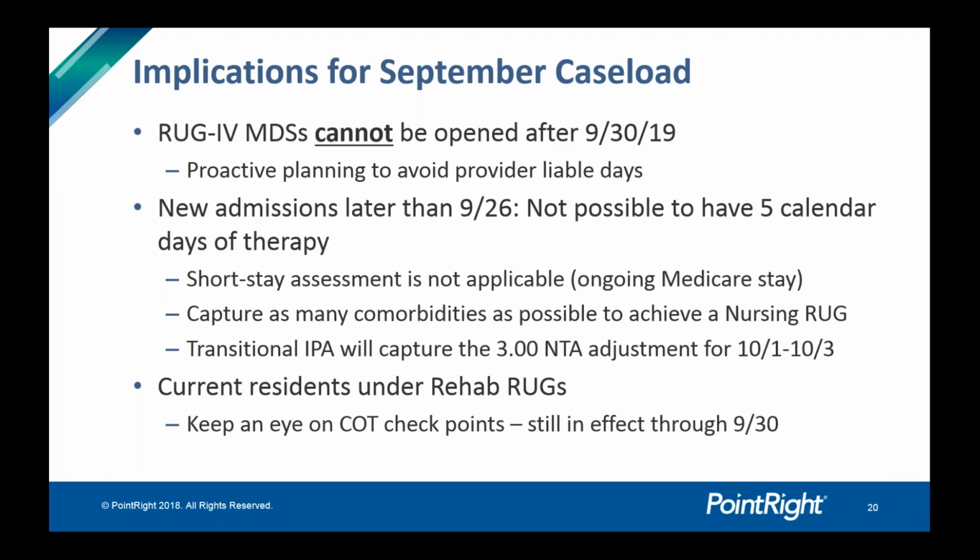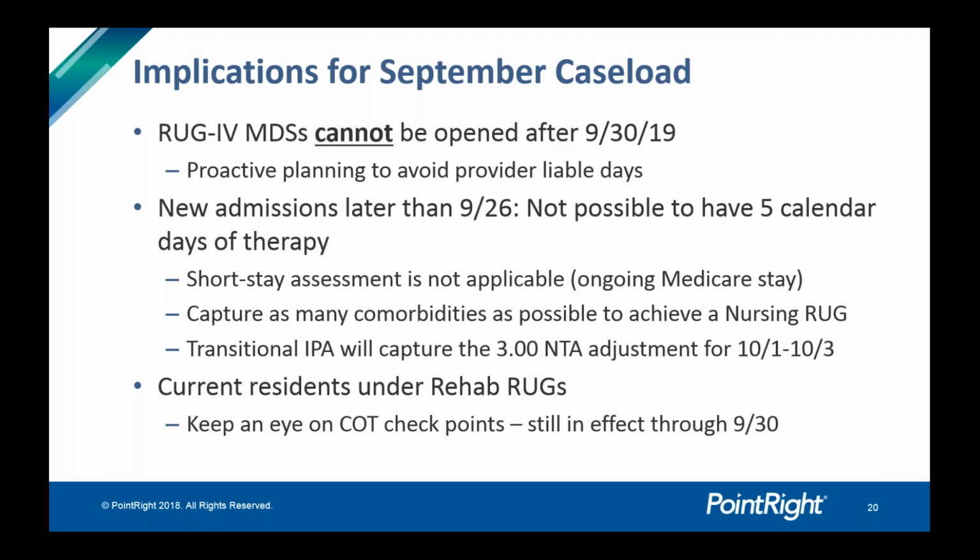Now, what that means is it's not going to be possible to do a Medicare short stay assessment in these cases because this is not the end of the Medicare stay. And that's one of the criteria, one of the 8 criteria that you have to meet to code a short stay assessment. So that's off the table.